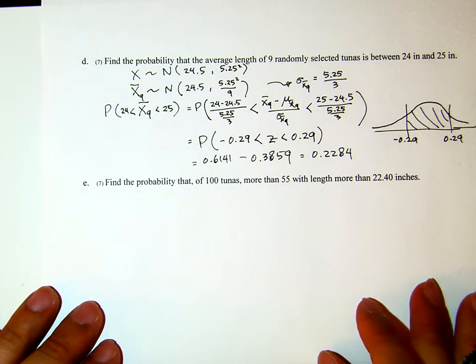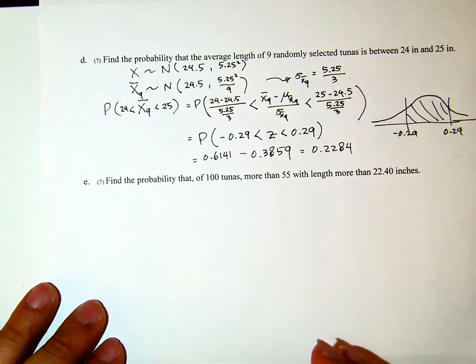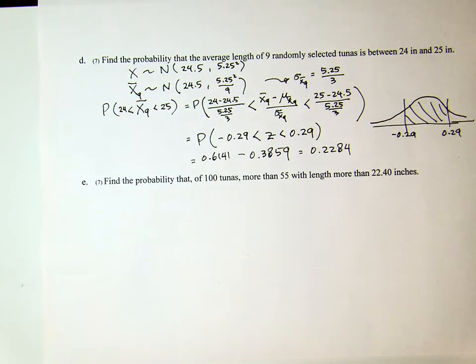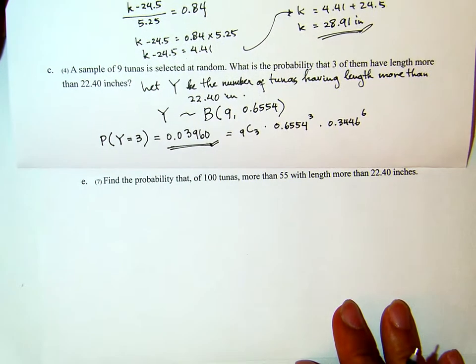Now part E, find the probability that of 100 tunas more than 55 with length more than 22.4 inches. If you see again, that's actually very similar to part C. Let me put part C here.